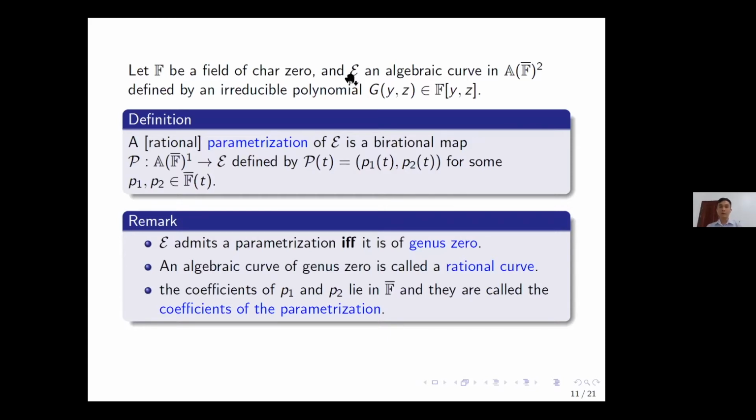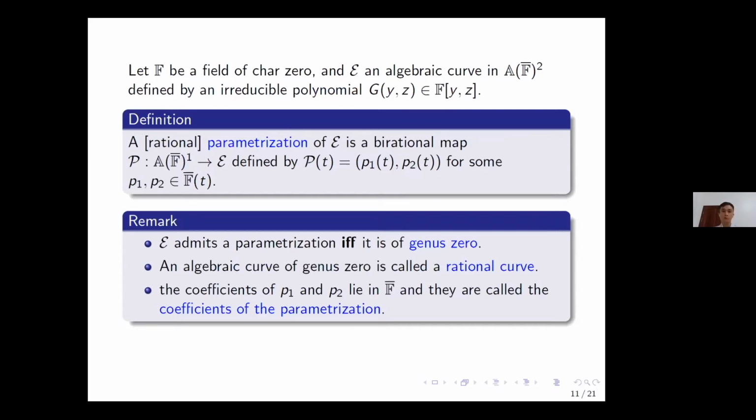And we assume that E is an algebraic curve in the affine plane over the algebraic closure of F. And E is defined by an irreducible polynomial C with coefficients in F.